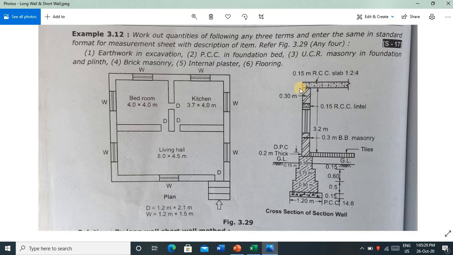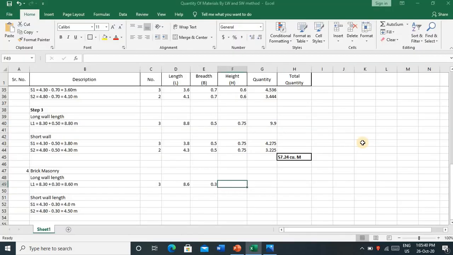So we need to consider 3.3 up to this plinth level. The total height we will consider as 3.30.